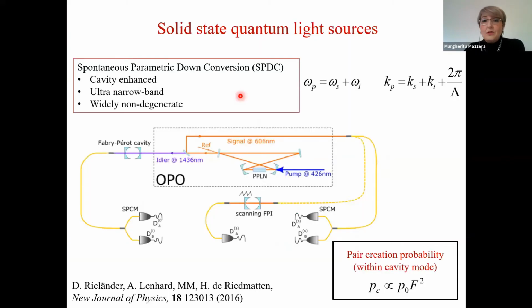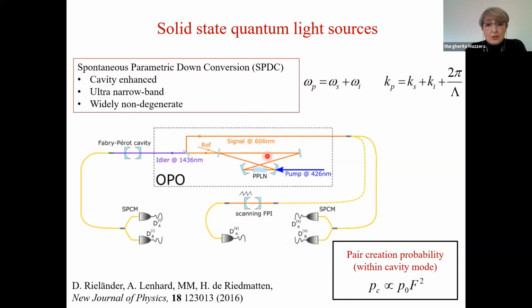Now, if you have to create a pair of photons widely non-degenerate in frequency, most probably the best mechanism is spontaneous parametric down conversion, of which we have seen already this morning some exceptional examples, except that here we have a further challenge, that is that of matching the frequency and most of all the bandwidth of the photons created to the bandwidth of the atoms that we are going to use to store these photons.